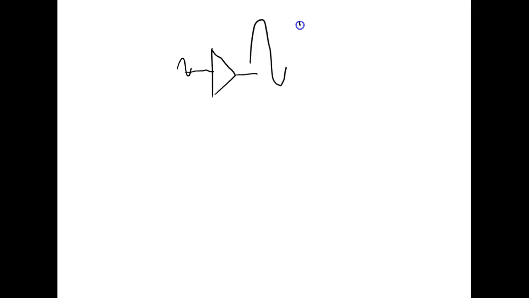Now the common emitter is still called a Class A amplifier, even though the input and the output are 180 degrees out of phase. So if this was a common emitter, if this was my input and this is what I got, this would still be called a Class A amplifier.